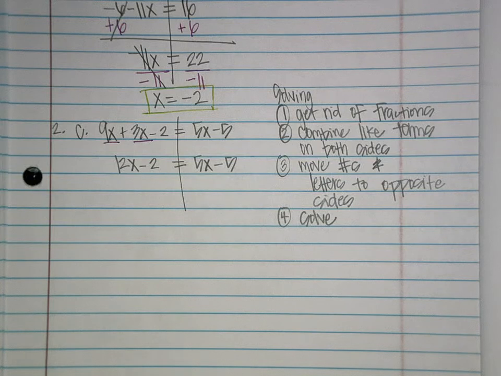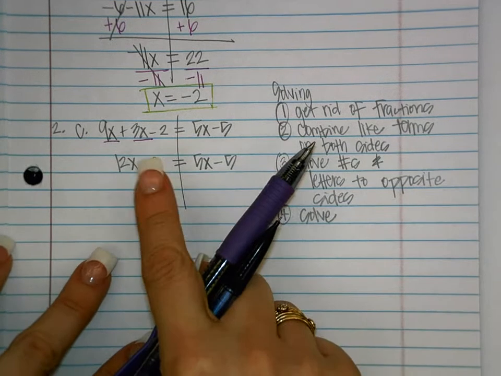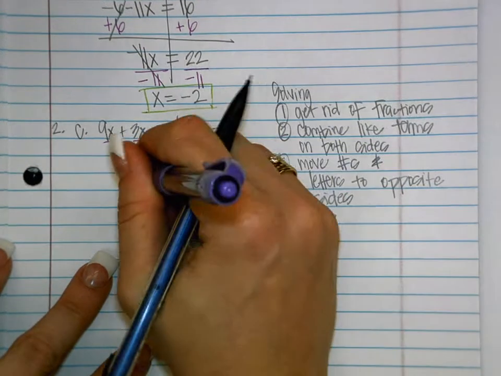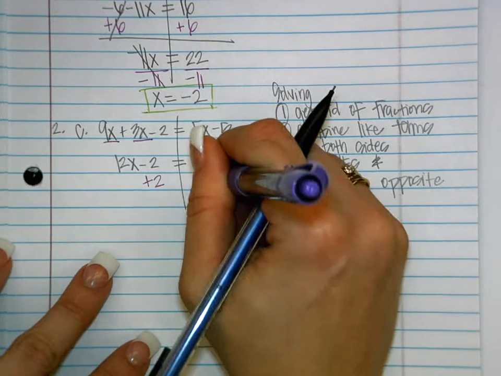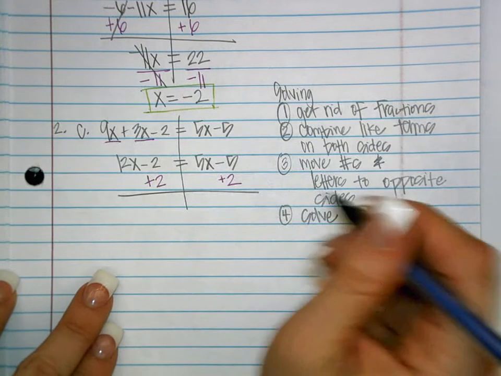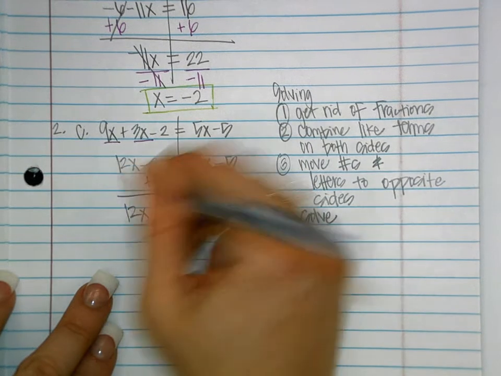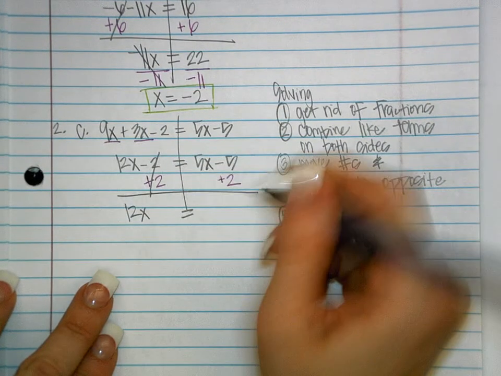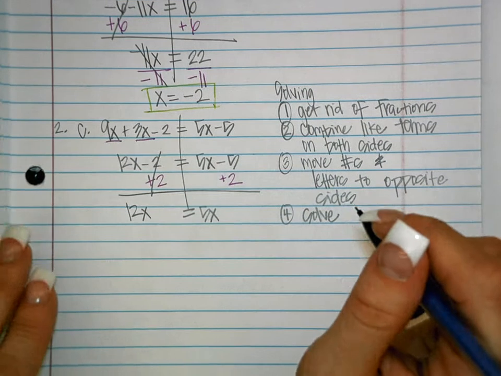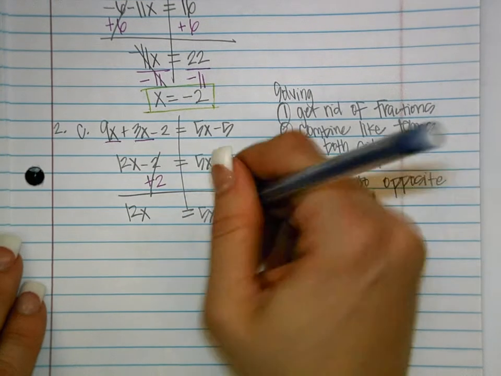So do you want to move the numbers first or the letters first? Numbers, doesn't really matter. Which one do you want to move, the -2 or the -5? The -2, so if we want to move the -2, you're going to add 2. That's called using the what? Additive inverse. Thank you. So, 12x, these went away, equals 5x, -5 and +2 gives you what? -3.